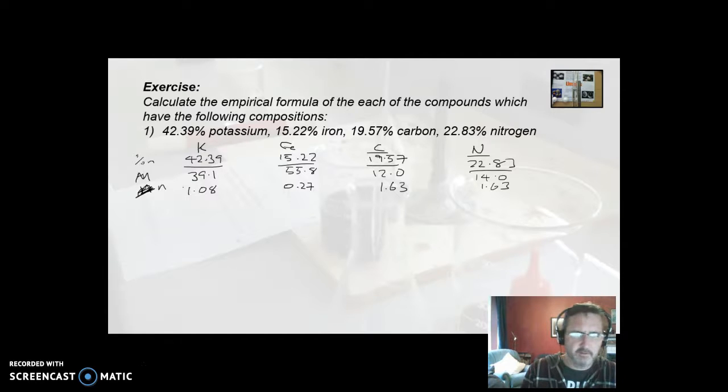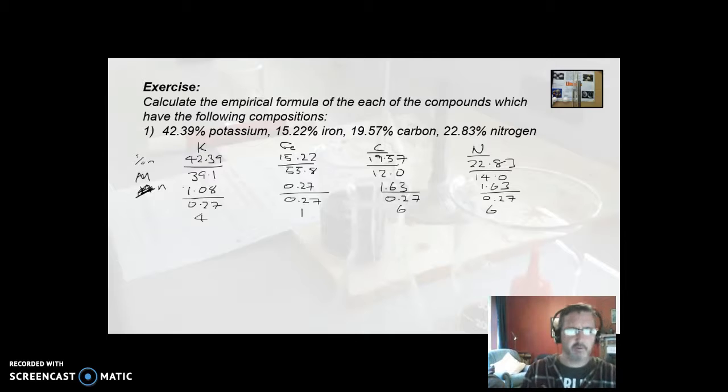Now, this is not a whole number ratio. We have to simplify this. It's almost always the case that we have to simplify it. We go through, we find the smallest number, that's 0.27, and we divide everything by 0.27. And then the ratio we get here is 4 to 1 to 6 to 6.